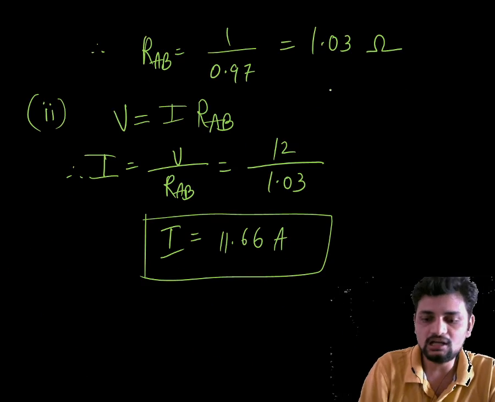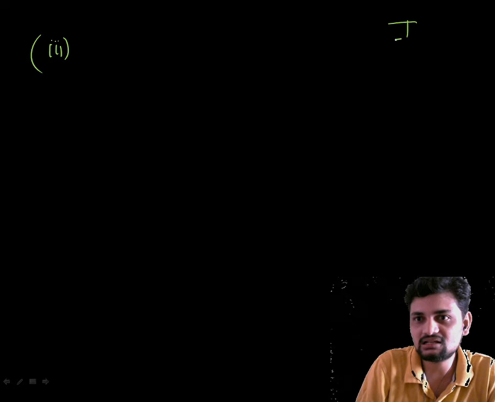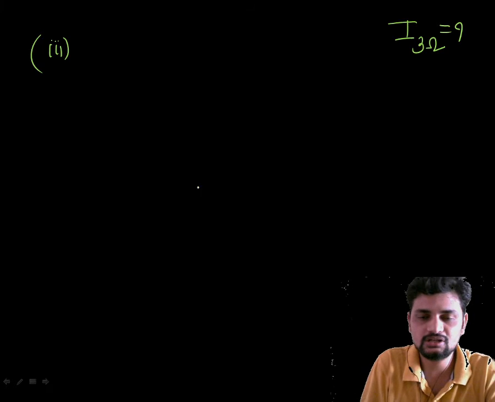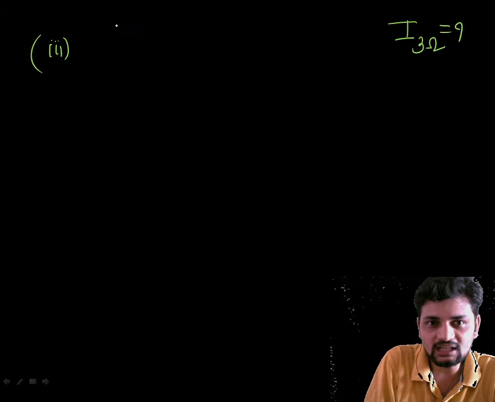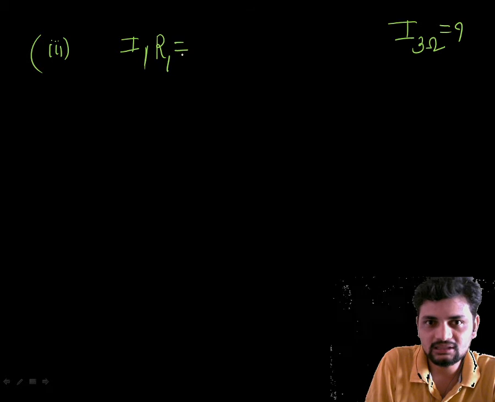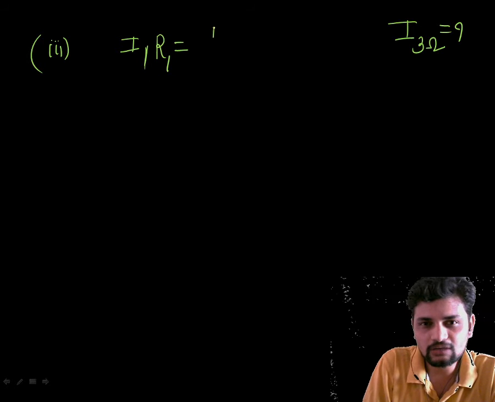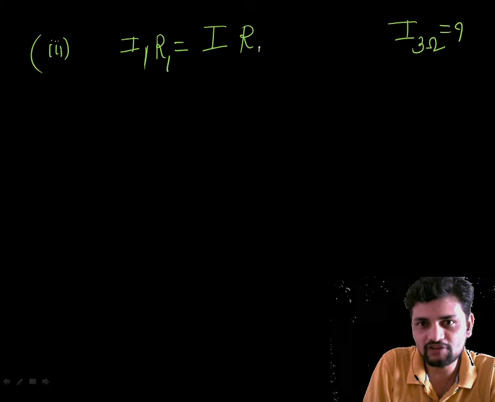Now to find the third sub question, where they are expecting the answer of current only through 3 ohm, which is connected in the upper branch, what I will be doing is this: the branch current I1 along with R1, that particular potential, will be equal to total current into effective resistance.